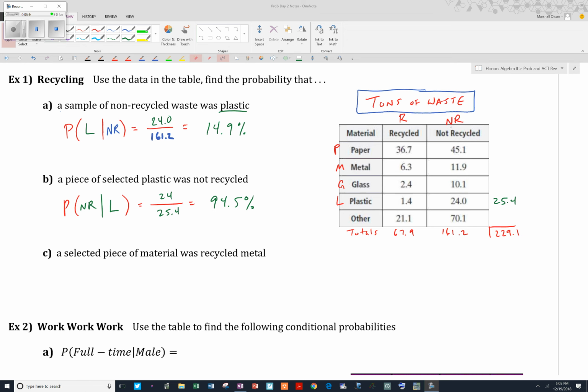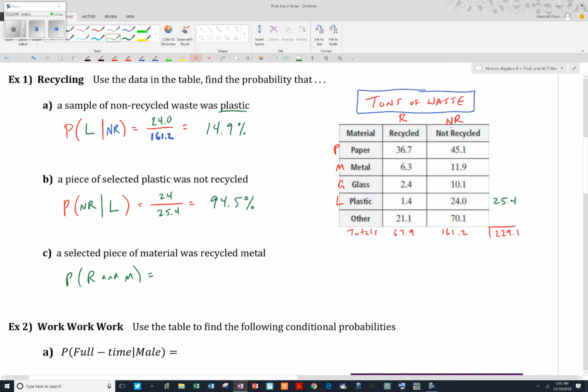Okay, our last example here in example 1, the probability that a piece of material was recycled metal. So this isn't a conditional probability. This is just asking for the probability that you have a recycled metal piece of material. So it's both recycled and metal.